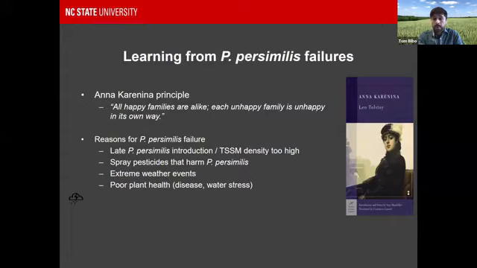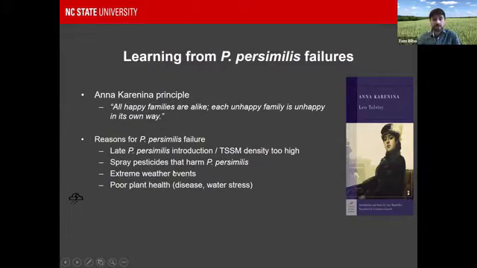One, and this one may be the most common, is that you don't get Persimilis in there early enough. You really want to get them in the field basically as soon as spider mites are showing up, because they take a couple weeks to build. You could also spray pesticides that are harmful to them. This goes for both organic and conventional. Any of the broad spectrums like pyrethrins can sometimes take out the Persimilis.